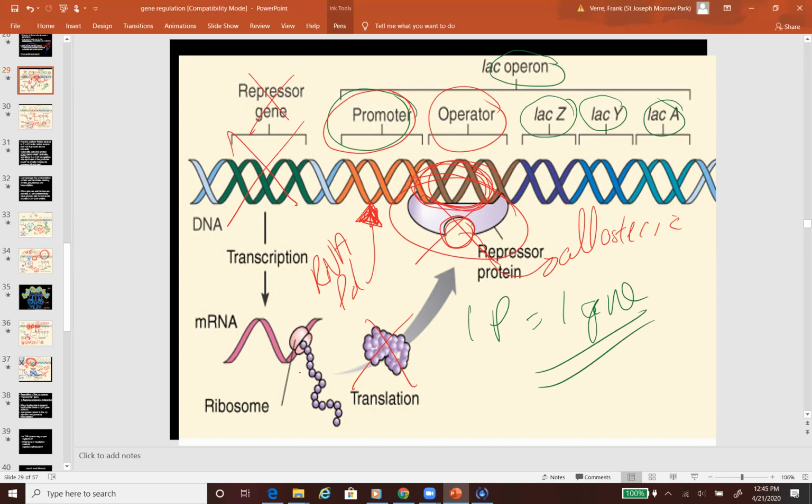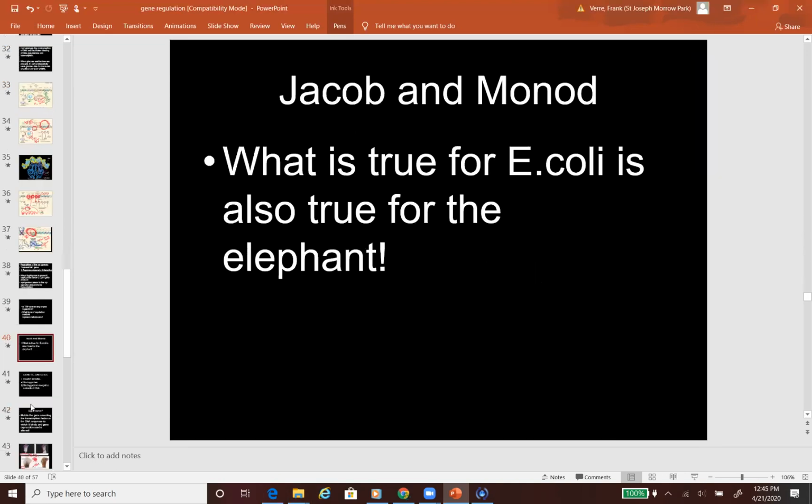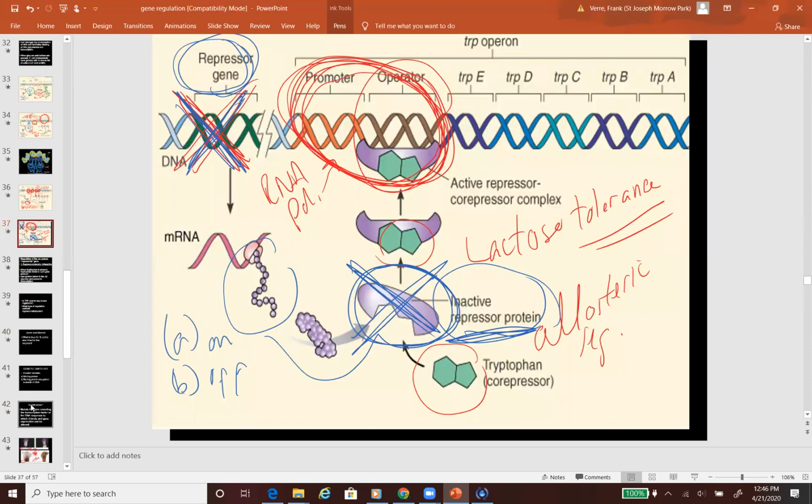Okay, so again, the big idea is how these proteins regulate genes. Think of them as switches. Think of them as proteins attached to the non-coding part, the non-coding being the part that doesn't become protein, attaching to these regions, the operator, promoter regions, for instance.